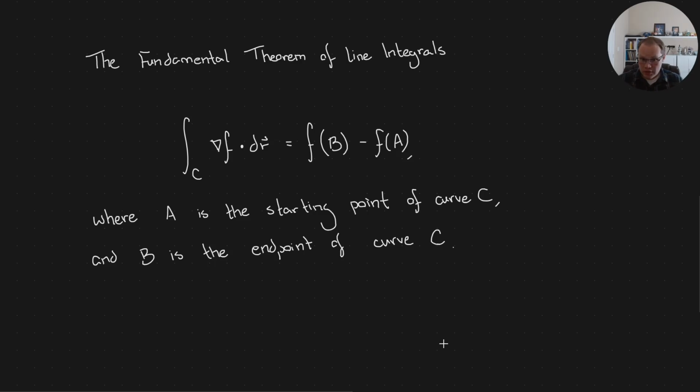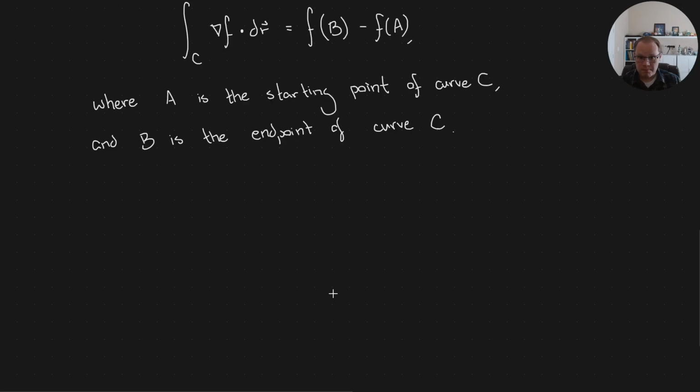Okay. Now there are some pretty interesting consequences of this. One of the consequences is that our function here, the gradient of f, is going to be path independent.